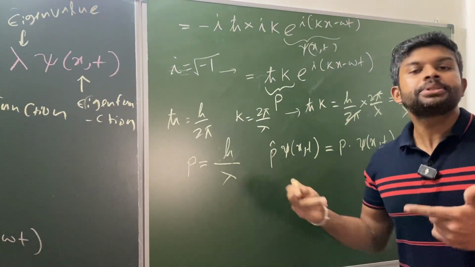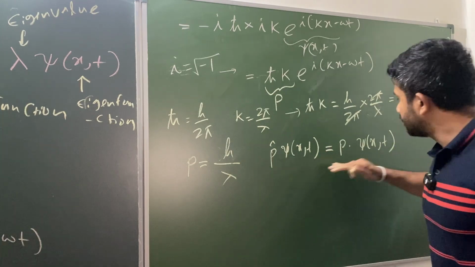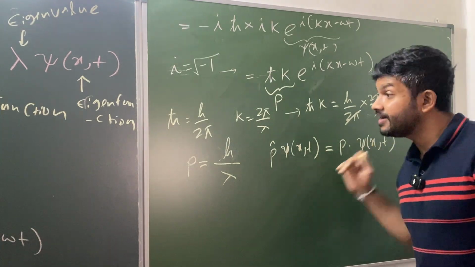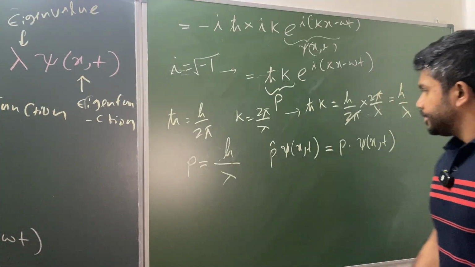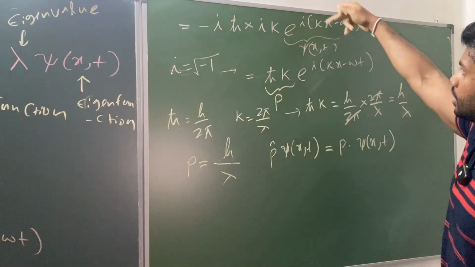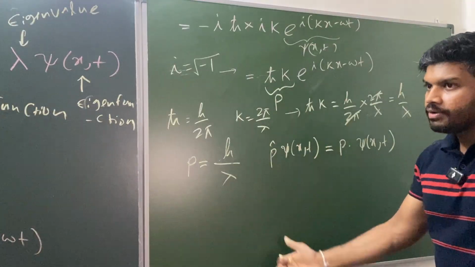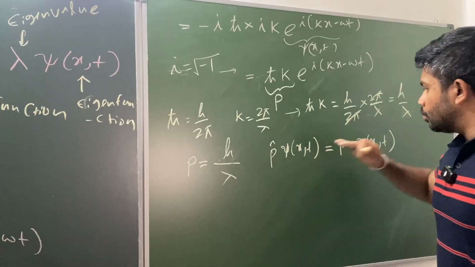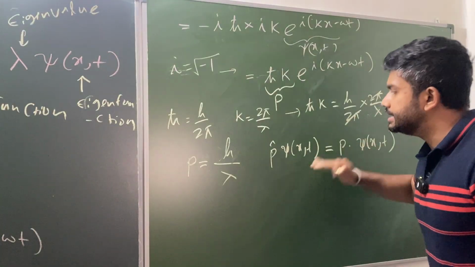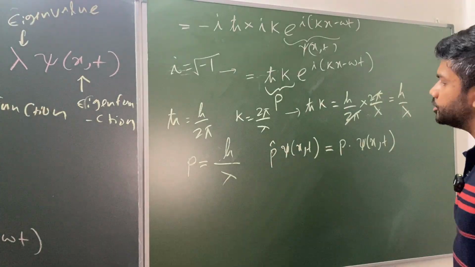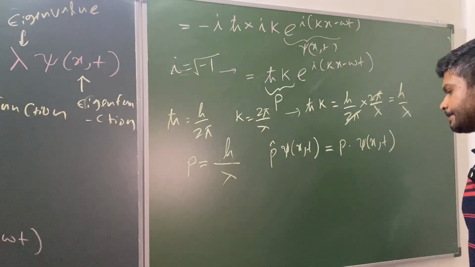In matrix mechanics, guys, we call them eigenvectors, but here eigenfunctions, right? So that's why most of the time this e to the power i kx minus omega t is an eigenfunction of the momentum operator. So we mostly prefer these sort of exponentials just because of that reason. Just keep that in your mind. This is very, very important, guys.